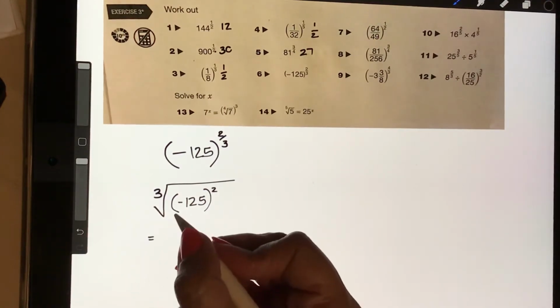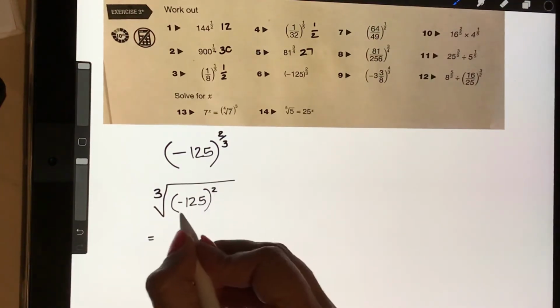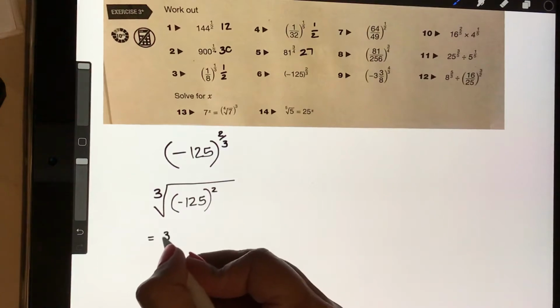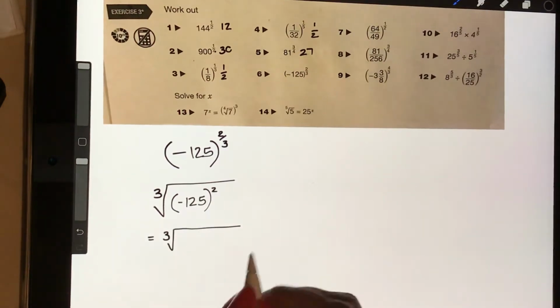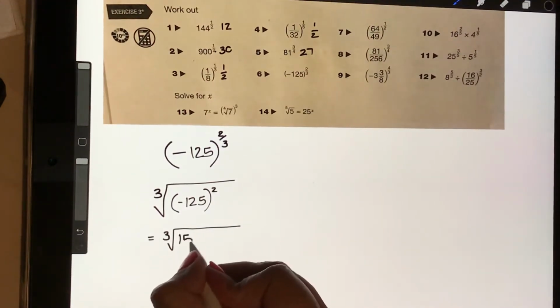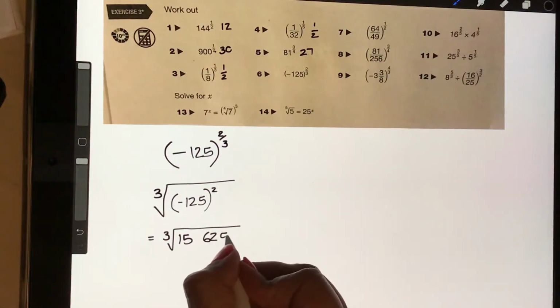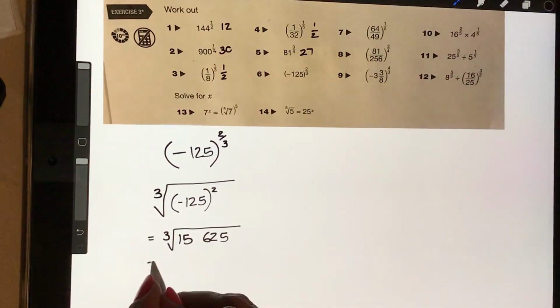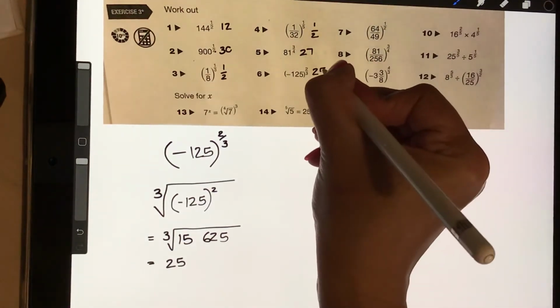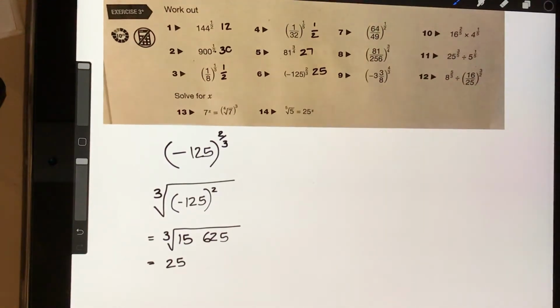Right, now if we square it, a minus times a minus will give us a plus, and 125 times 125 gives us 15,625, and if we take the cube root of that, we're going to get 25. Right, so that answer is 25.